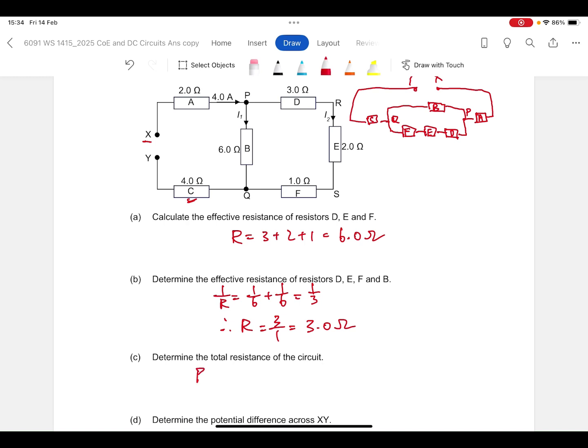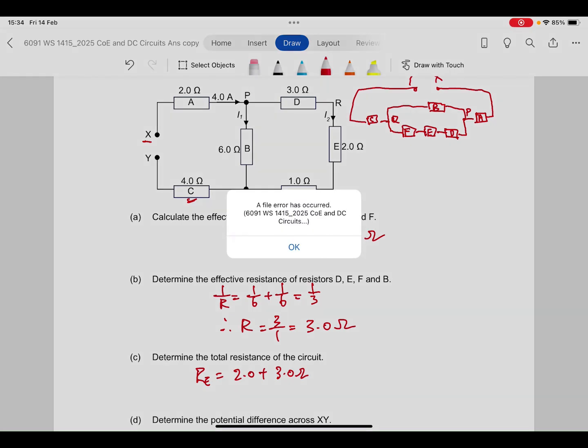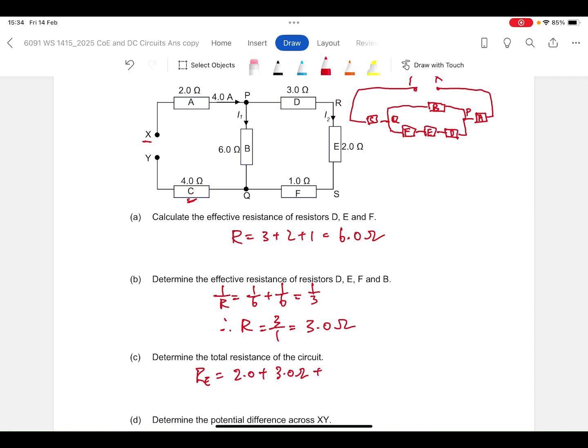Once you recognize this, it's pretty easy. The problem is that sometimes you don't recognize it. So we take A first. A is 2.0 plus the parallel part is 3.0, and the last one, C, is 4 ohms, which is 9 ohms.